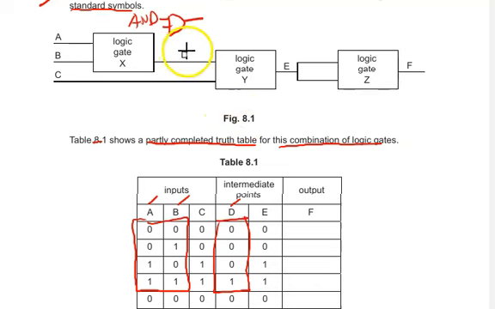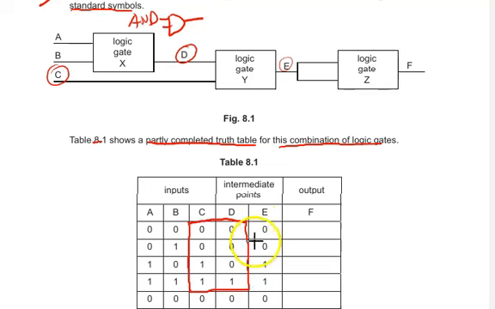Now look at D, C and E. So let me erase this. Now we are going to D, C and E. C and D are the inputs and E is the output.